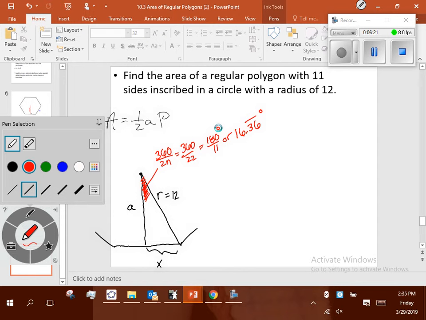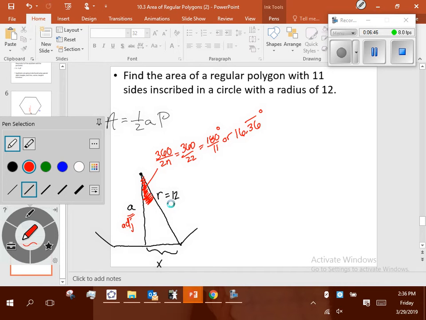Yesterday we did hexagon, we did triangle, we did square. Those were 30, 60, 90, or 45, 45, 90 stuff, right? Here it's not. So here, if I get something that's not 30, 60, 45, I have to use SOHCAHTOA, right? So let's set out to find the apothem first. What side would the apothem be here for that red angle? It'd be the adjacent side.